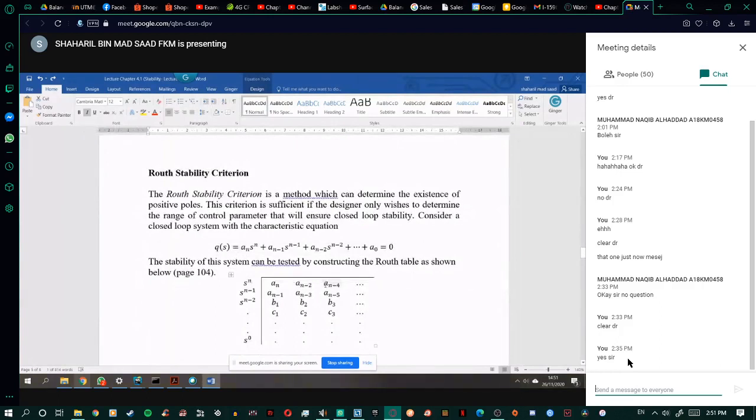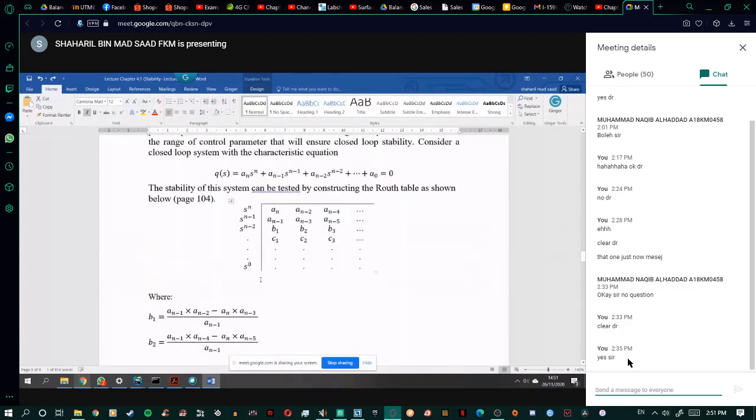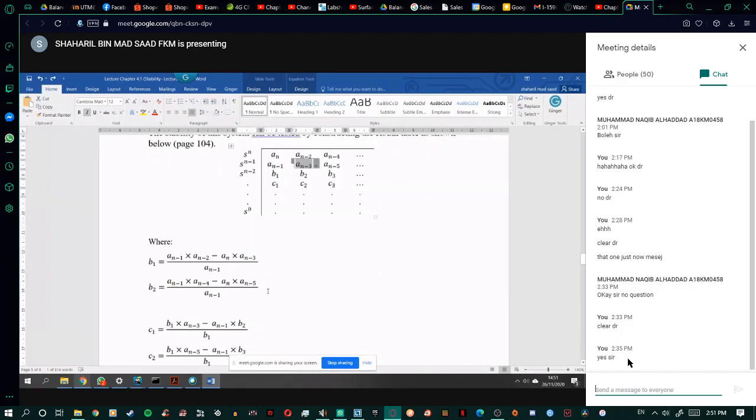What is it? This method determines the existence of positive poles. This is how you are going to use it. So we multiply this one with this one, minus this one, times this one. Never mind, I will show it.